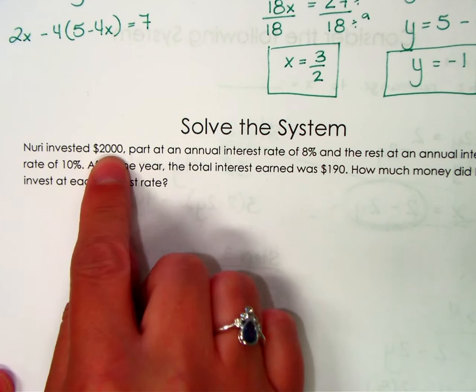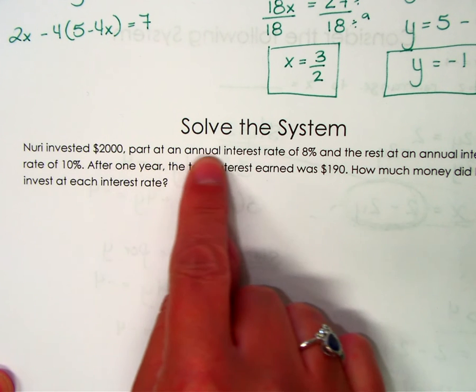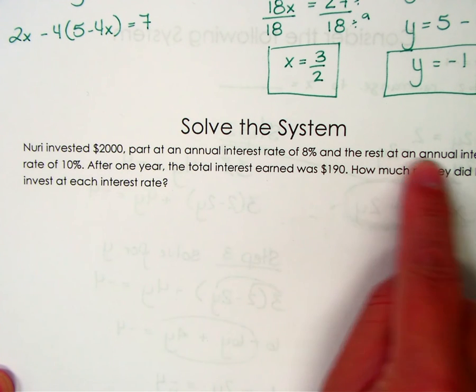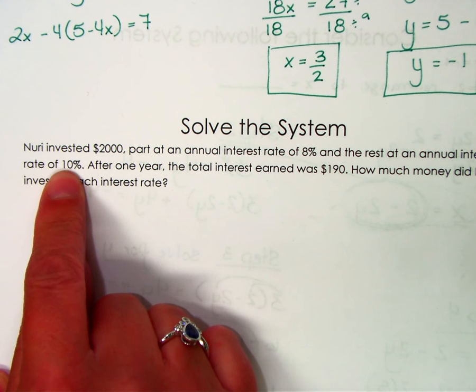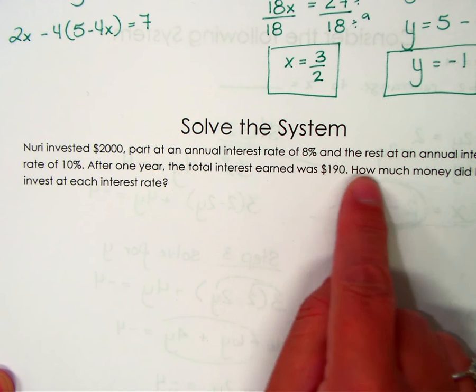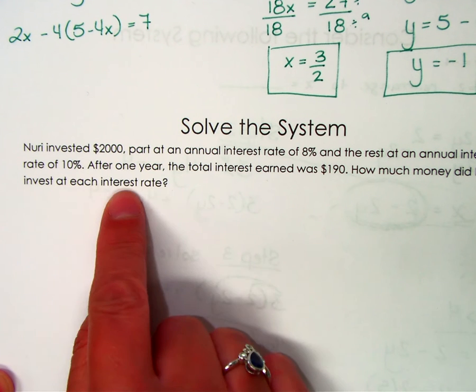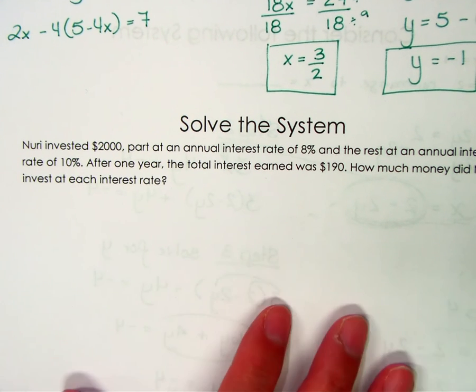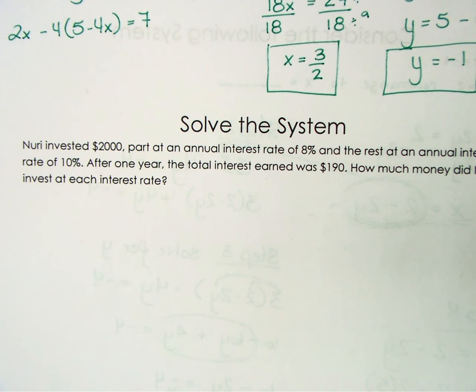So Nuri invested $2,000, part of it at an annual interest rate of 8% and the rest at an annual interest rate of 10%. After 1 year, the total interest earned was $190. How much money did Nuri invest at each interest rate? Okay, this one's a little bit weird because it's money. And although money is usually the thing that works the easiest, this one's a little bit different because we're dealing with interest rates.